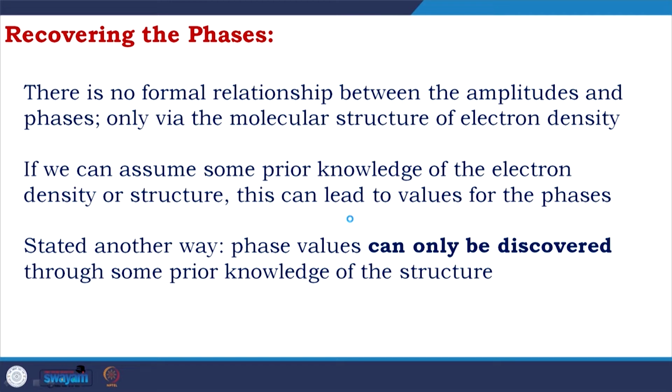We have discussed this, but just to put it in context, as I was talking about, if it is a small molecule and you know the chemistry, then it is easy, but a protein is a complex molecule, so it is not easy.